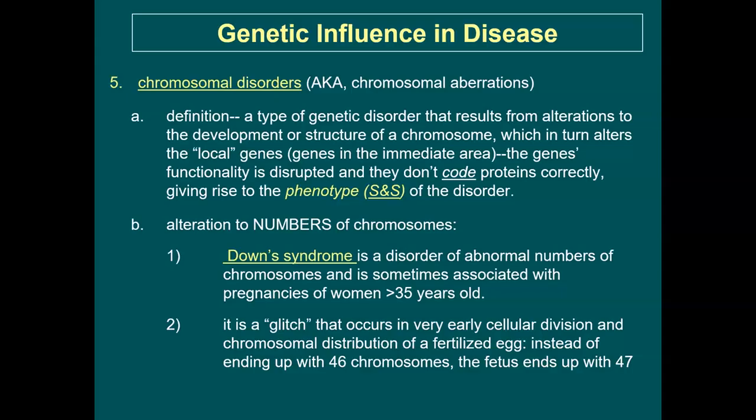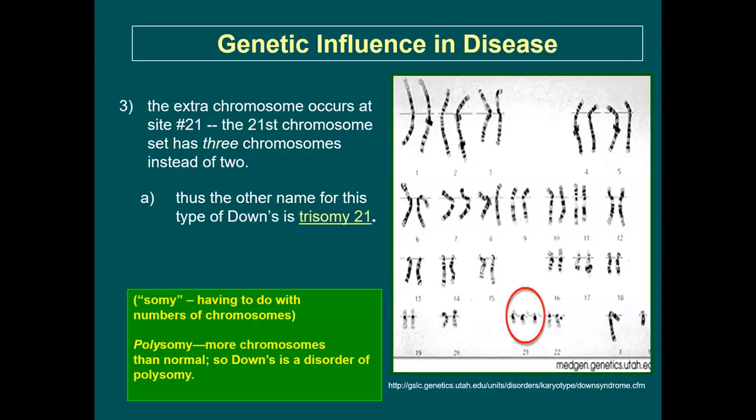And what happens is a glitch that occurs very early during cellular division, so this would be an early stage of pregnancy, and instead of ending up with 46 chromosomes, the fetus has 47 chromosomes, and that extra chromosome occurs at chromosome number 21.